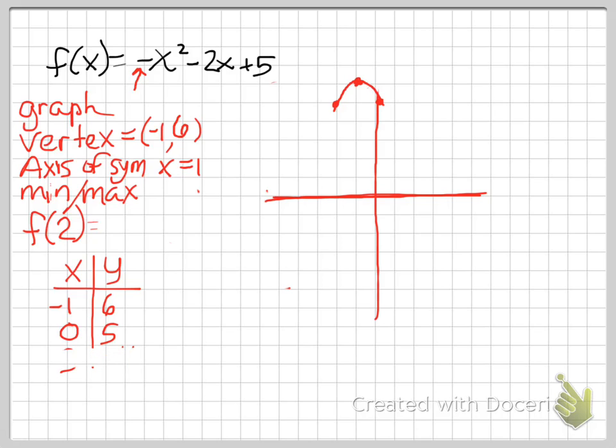And if I put 1 in there, I get 2. So over 1 up 2. It gives me an idea of how it goes. And maybe I'll put 2 in there. If I put 2 in there, I get negative 3. So 1, 2, 1, 2, 3. And there we go.